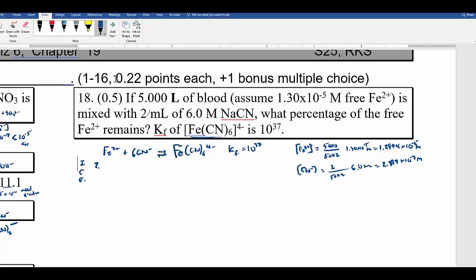Oops, that's not right. The cyanide is going to be 2.399 times 10 to the minus 3 molar. The iron 2 plus is going to be 1.2994 times 10 to the minus 5 molar.